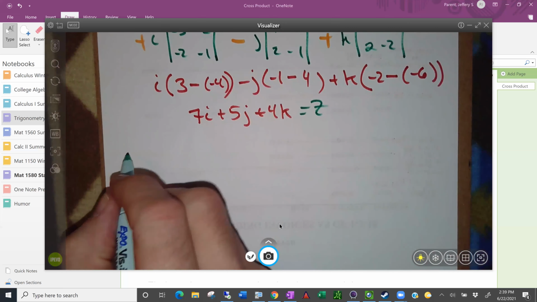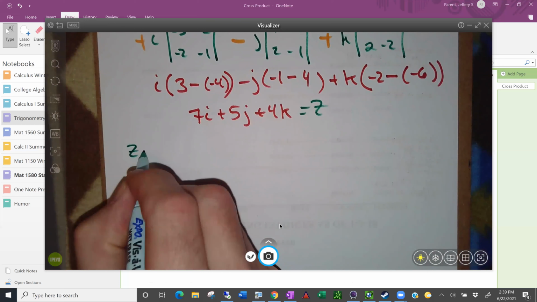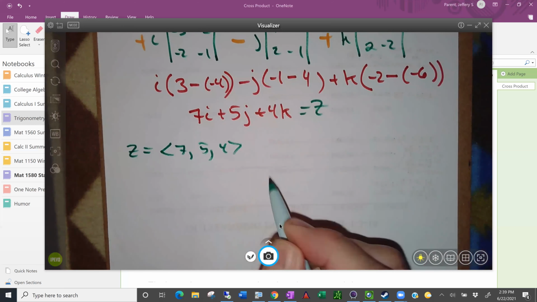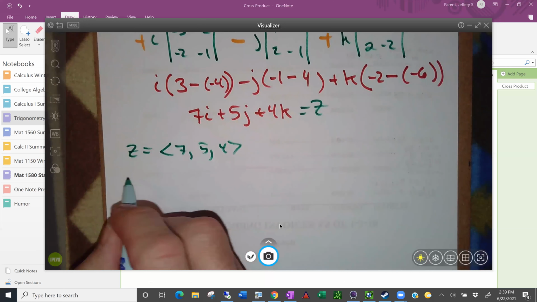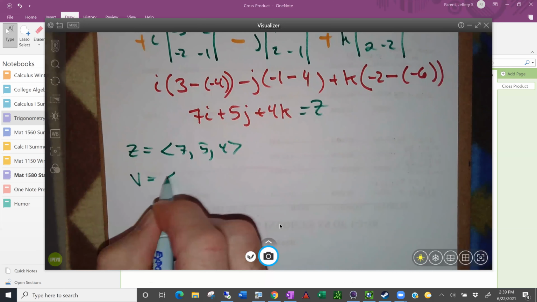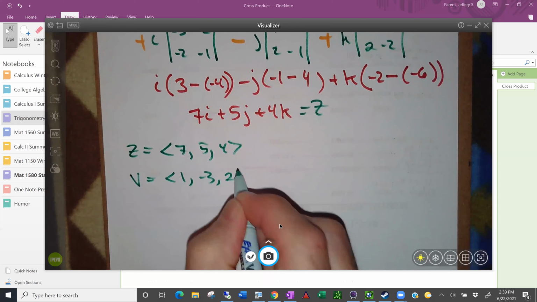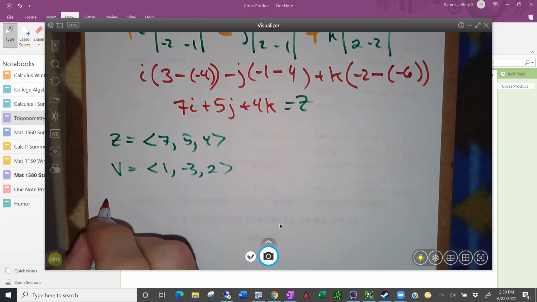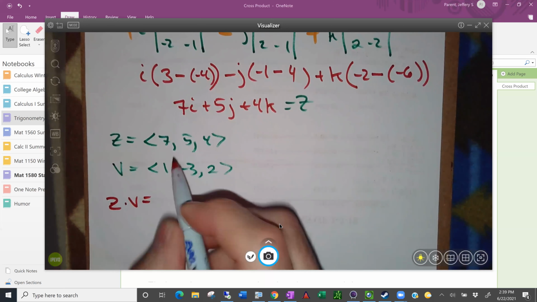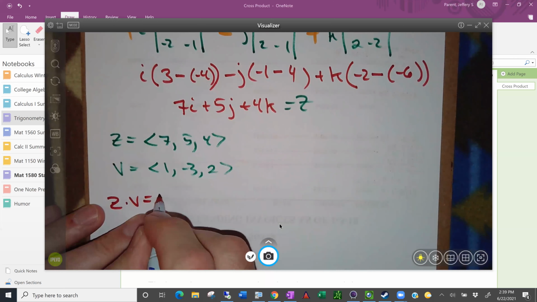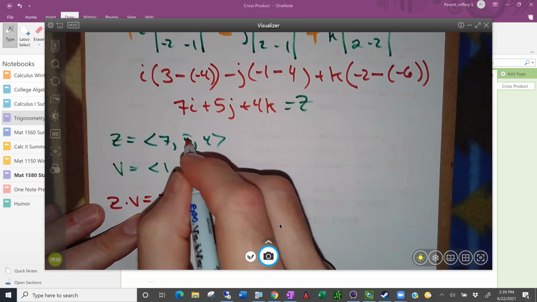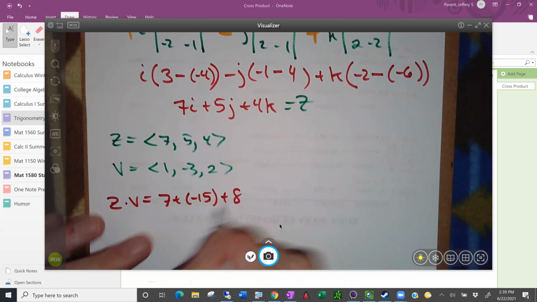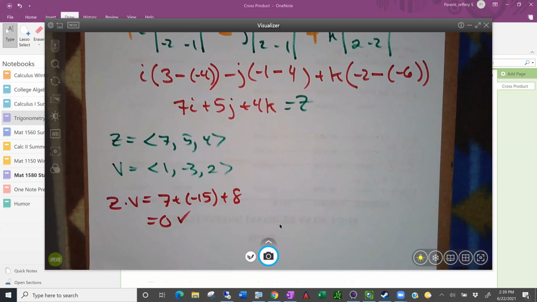So I've got z equals 7, 5, and 4, and v equals 1, -3, and 2. If I did the dot product of z dot v, it'd be 7 times 1, which is 7, plus 5 times -3, which is -15, plus 4 times 2, which is 8, and that gives me 0.